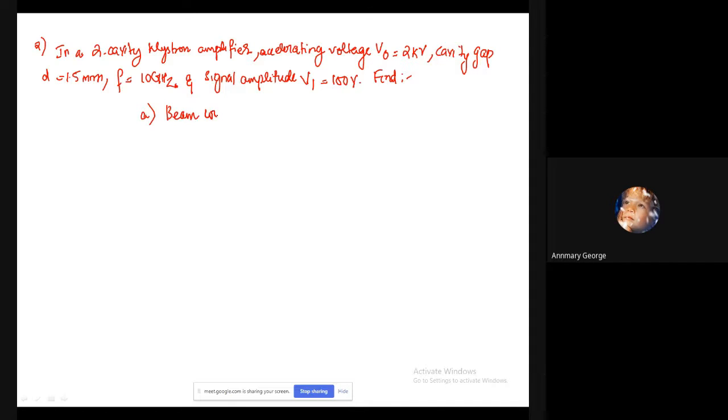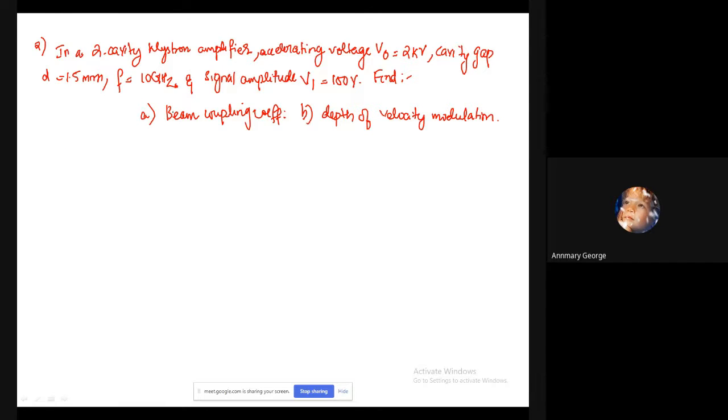Okay. Beam coupling coefficient. Okay. And b, depth of velocity modulation. Okay. Please write down this question.